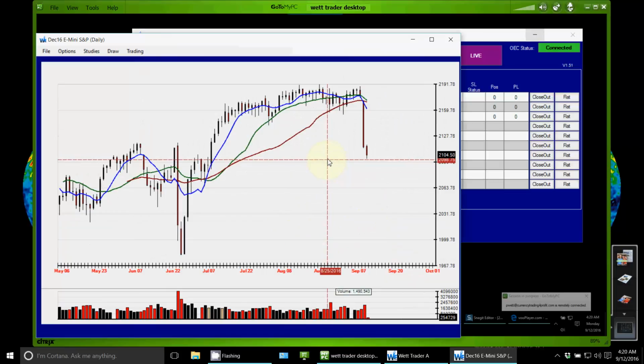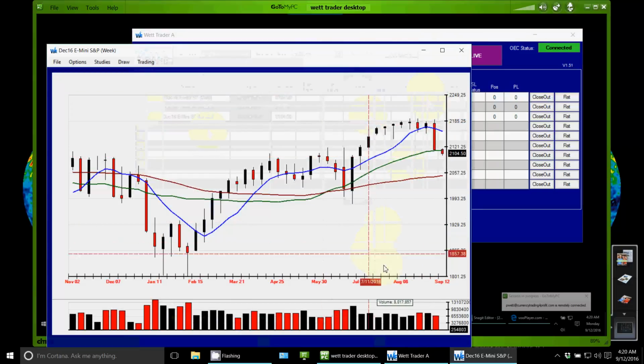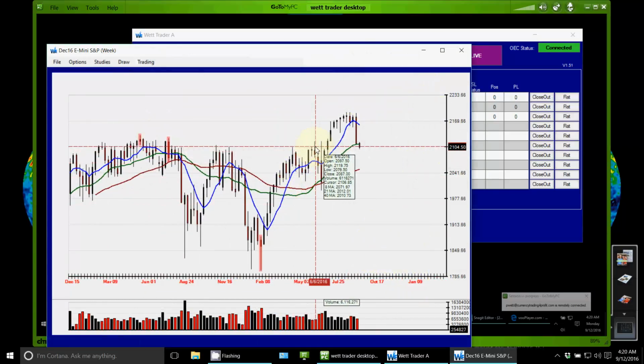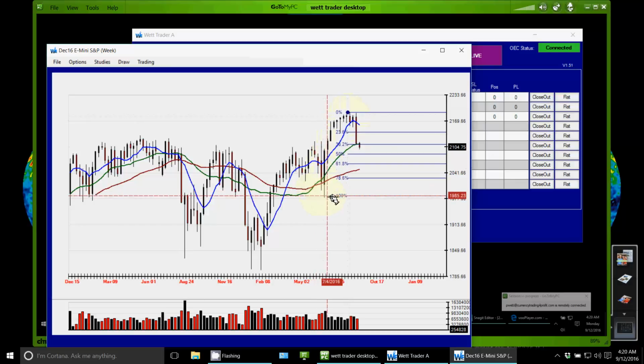Now on our daily charts, obviously way down here, there's no moving average support. The weekly, we're going to have some support. If we draw these Fibonacci lines again, we'll have some support.